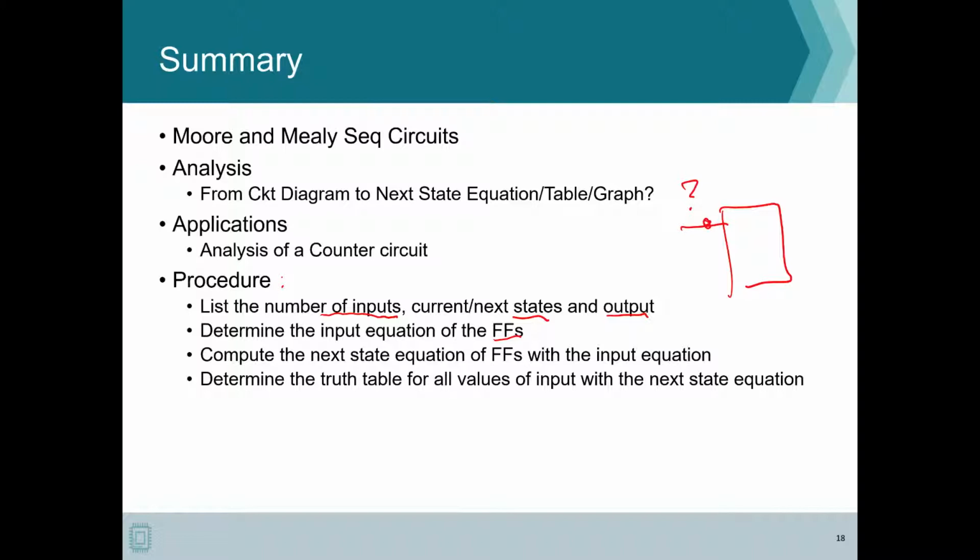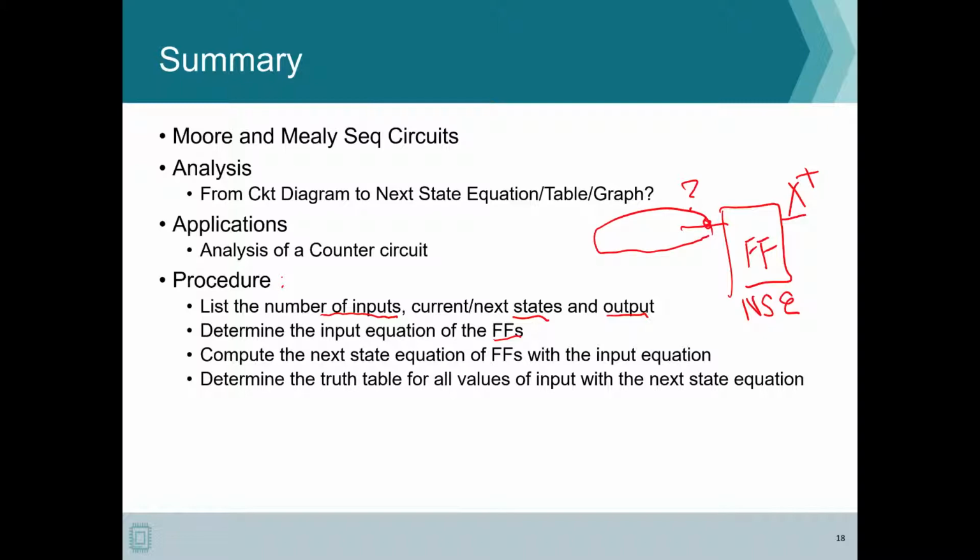Once you have determined that, depending on the type of flip-flop, you would use the next state equations of the flip-flop and try to derive, say, x plus, which is the next state equation of the flip-flop with the circuitry.